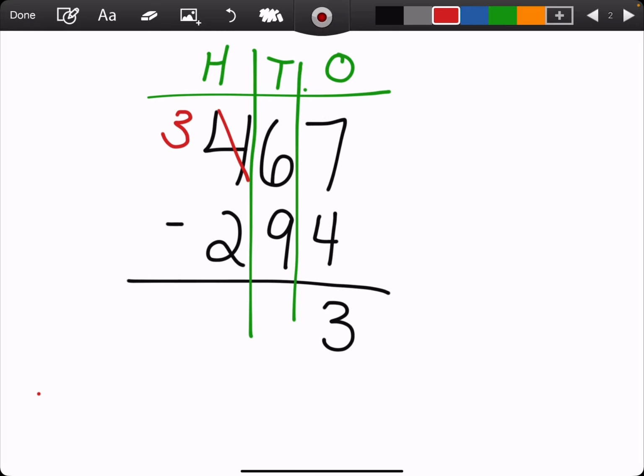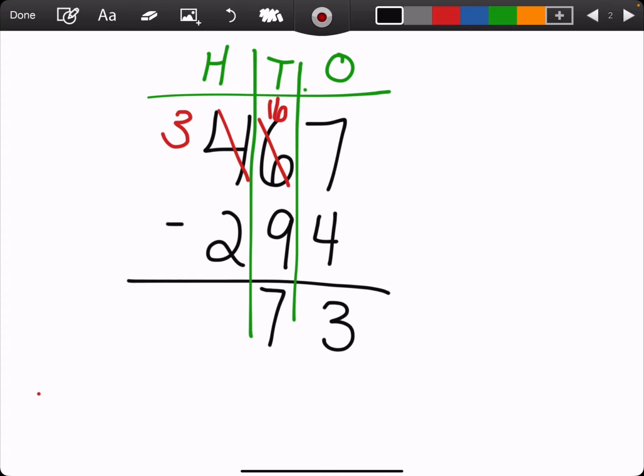And we know that 100, when we unbundle it, is equal to 10 tens. So since we have 10 tens, the 6 in the tens place is now going to become 16 because I'm adding 10 tens to the 6 tens I already had. Now, I have 16 minus 9, which is 7.